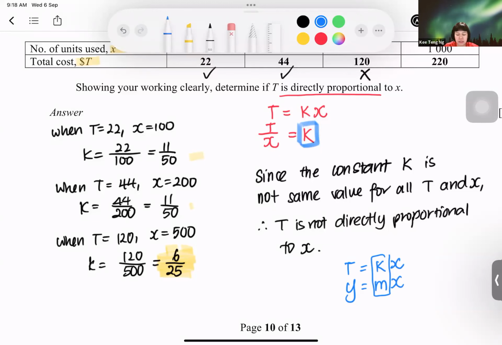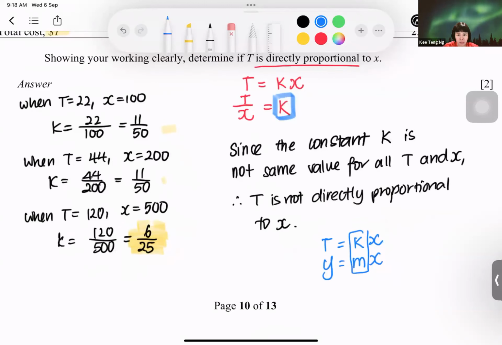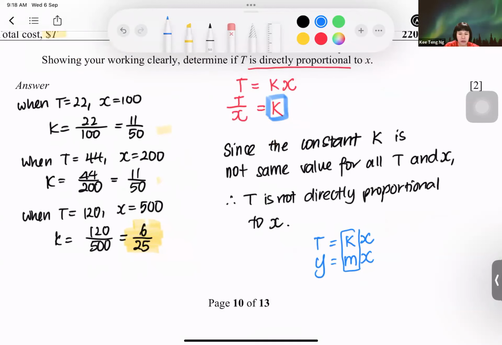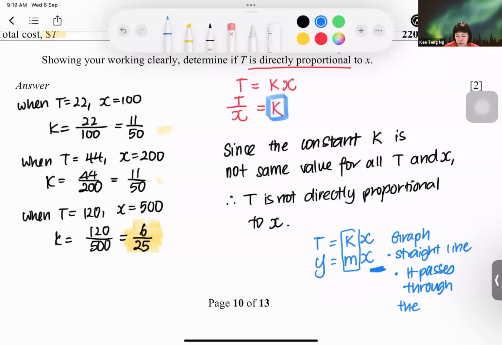If you represent it in graphical form, for all things that are directly proportional, the graph is a straight line. Not only is it a straight line, you'll notice that there is no y-intercept. That means it passes through the origin because the y-intercept is 0.